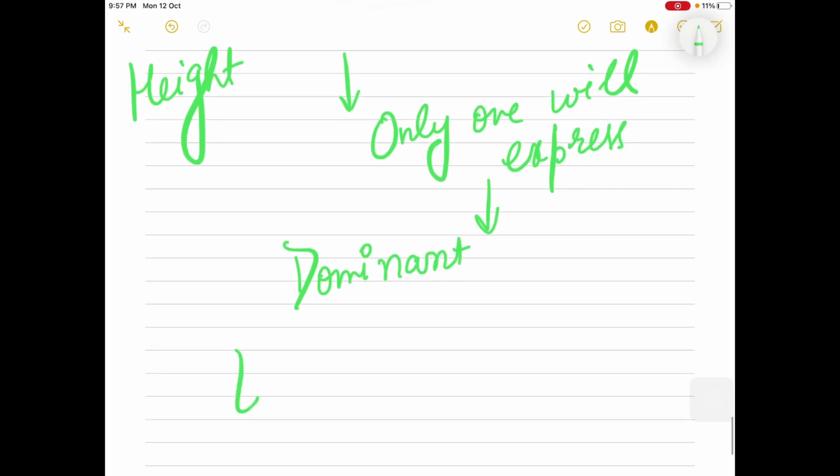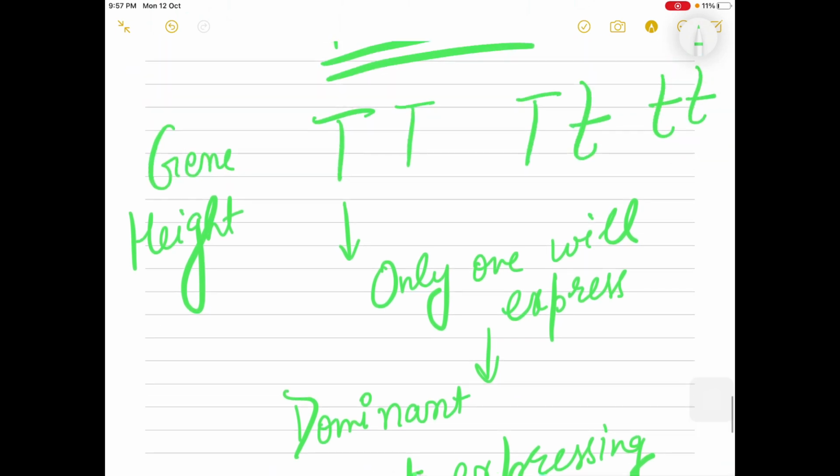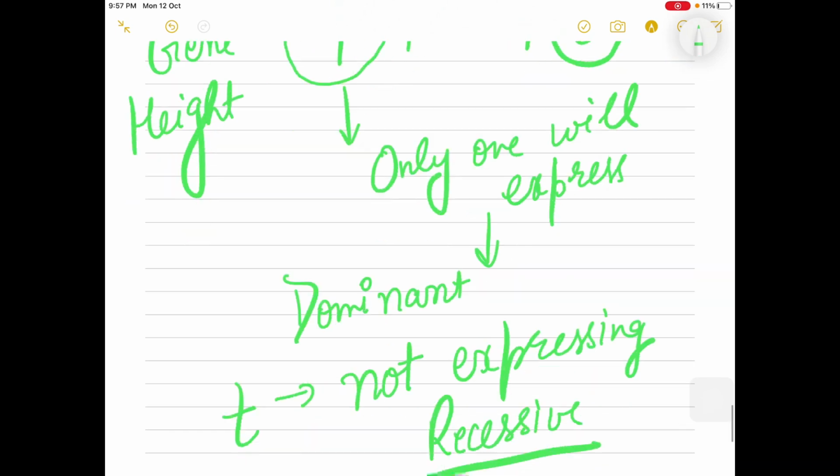And that allele which is not expressing is called recessive. And remember that we always write dominant with capital letters and recessive with small letters.